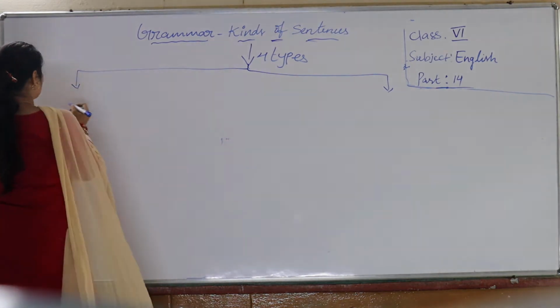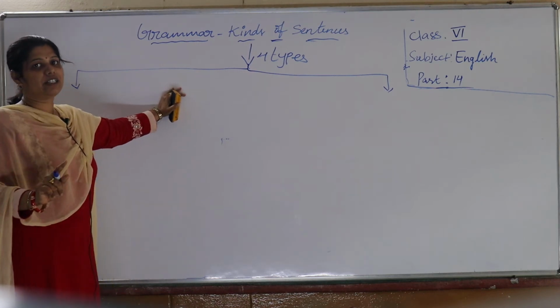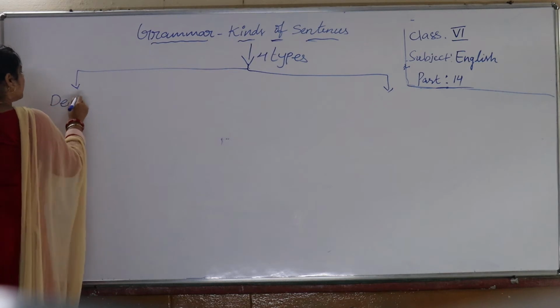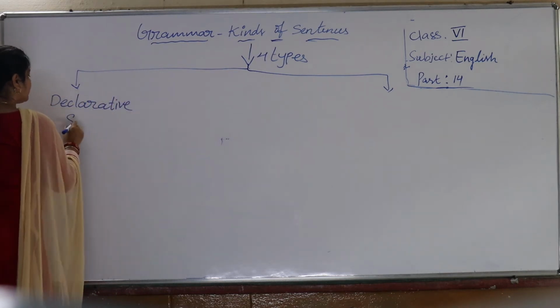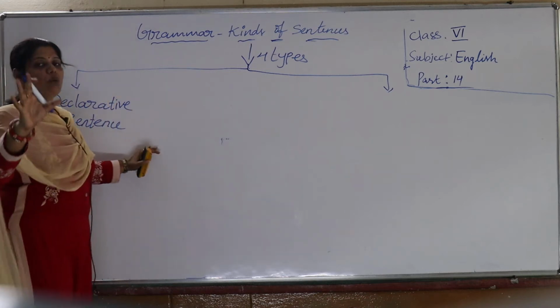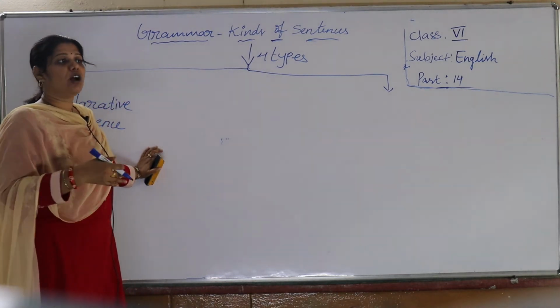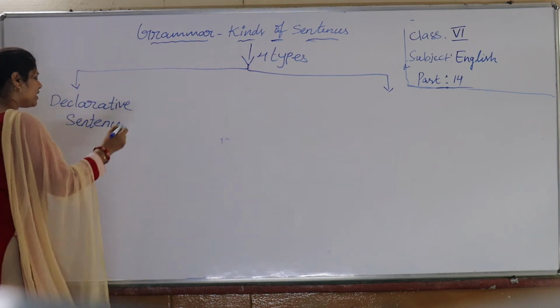Okay, the first kind of sentences we are going to see is the declarative sentence. What is it? Declarative. In the name itself you can find it: whatever you declare, whatever you say, whatever you normally talk will come under a declarative sentence. It's a statement.